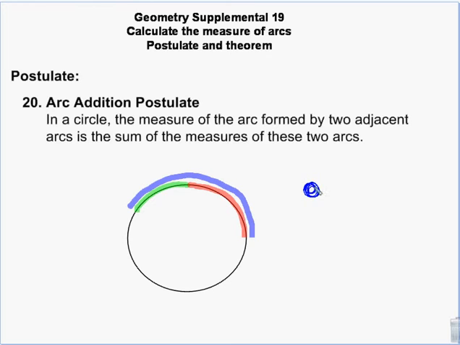So blue equals red plus green. See, so this arc plus this arc equals the whole arc. And you can go the opposite way too. If I take an arc and I break it into pieces, you subtract one from the big one and you get the third one. Easy enough, yes? Okay.